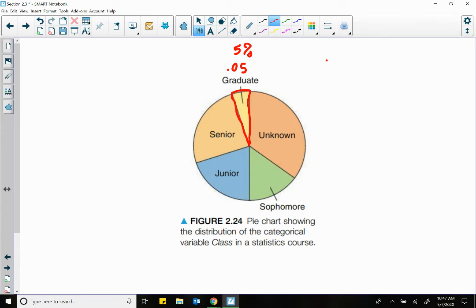Some things about pie charts: generally, in statistics and scientific settings, we don't usually use them. They're not too common, but it is a way to display categorical data.